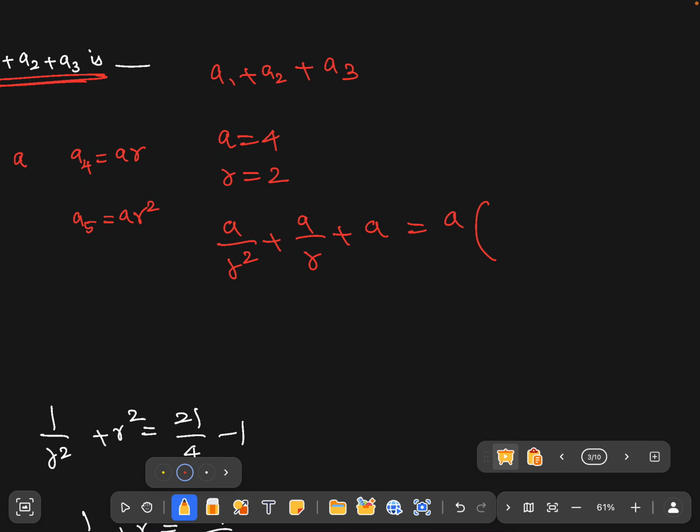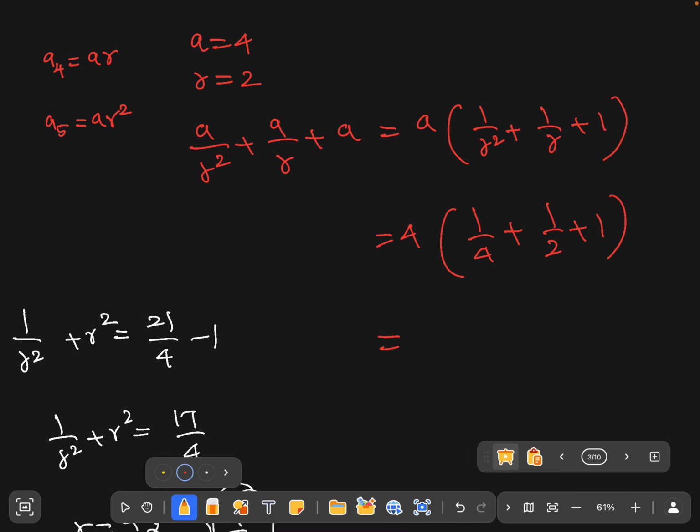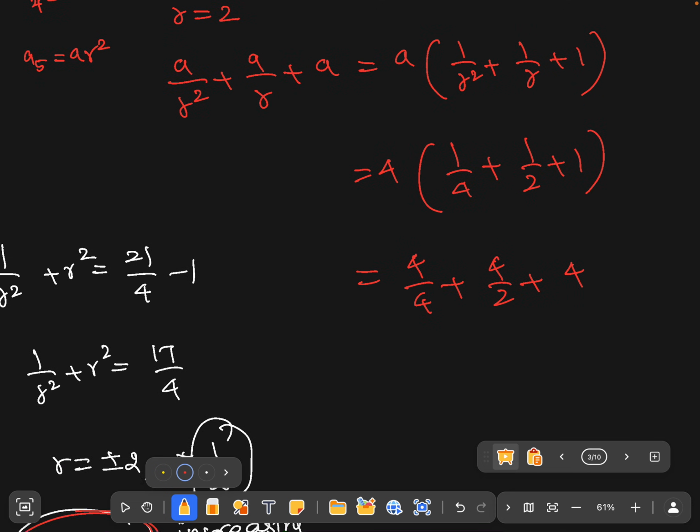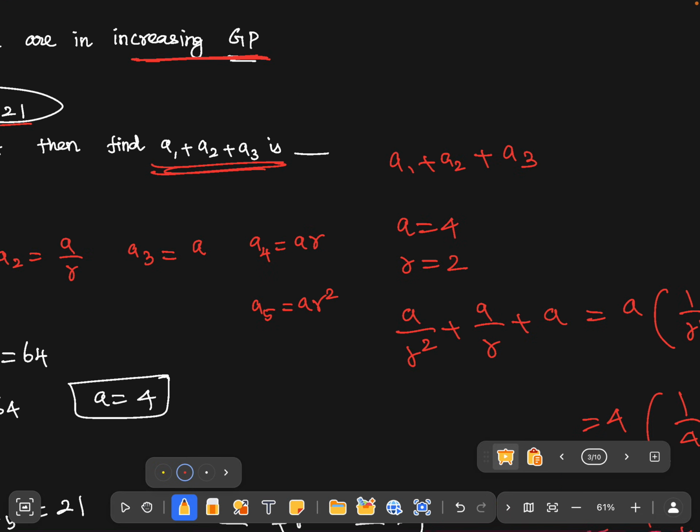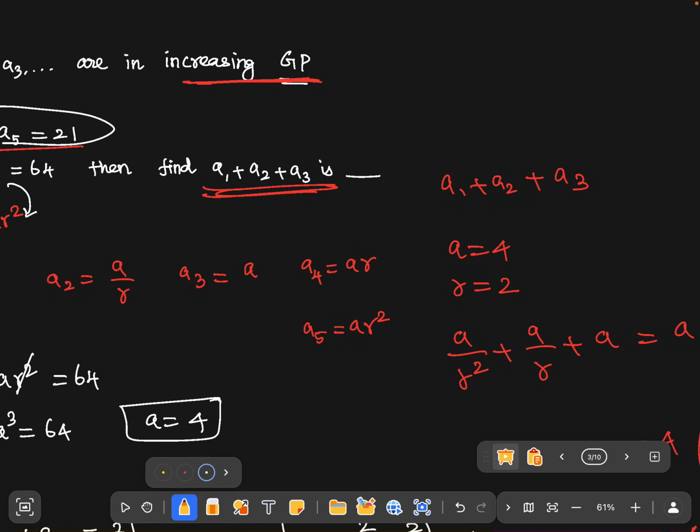So I'm going to take a as common, then 1 by r square plus 1 by r plus 1. So 4 times 1 by r square, that is 4, 1 by r is 2, plus 1. Then 4 by 4, 4 by 2, 4. So 1 plus 2 plus 4, the answer is 7. So the question a1 plus a2 plus a3, the answer is 7.